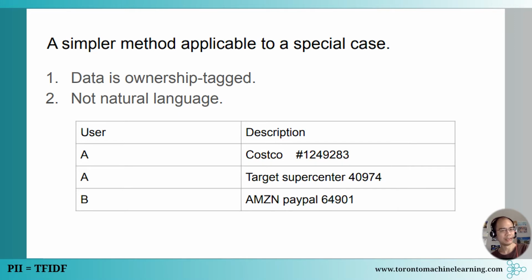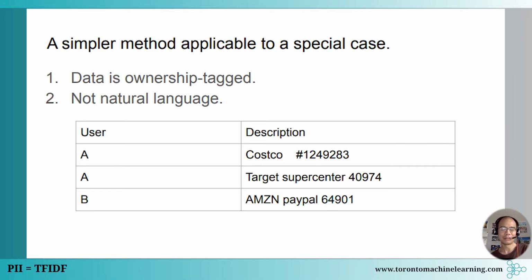The second condition is not required, but it's here to show you that the method is going to have some advantage over the GPT or just natural language methods in general. Because if you use a natural language-based method, well, the transaction description is not really natural language, right? People just dump information into there.